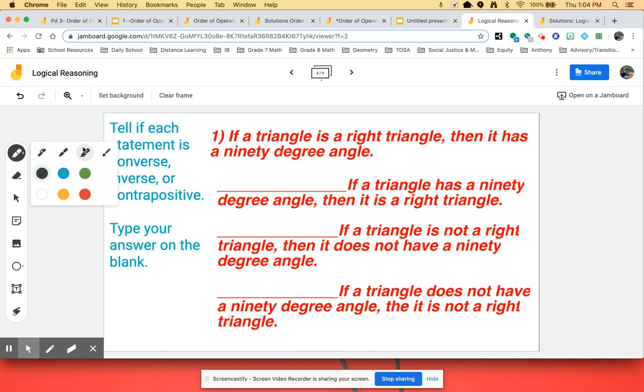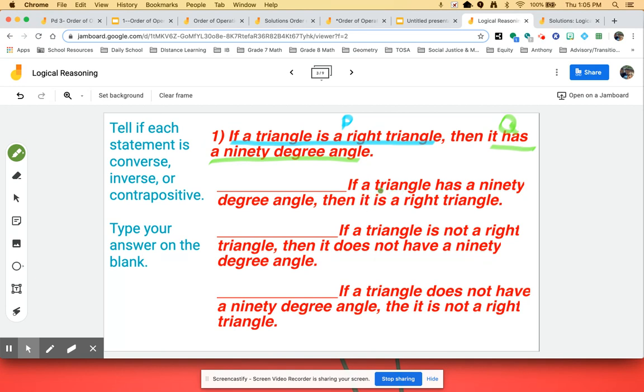So I'm going to start off by highlighting, and my P is if a triangle is a right triangle. That's my P. And you can change your colors if you want to. My Q is it has a 90-degree angle. So that's my Q. So now I'm going to come down here.